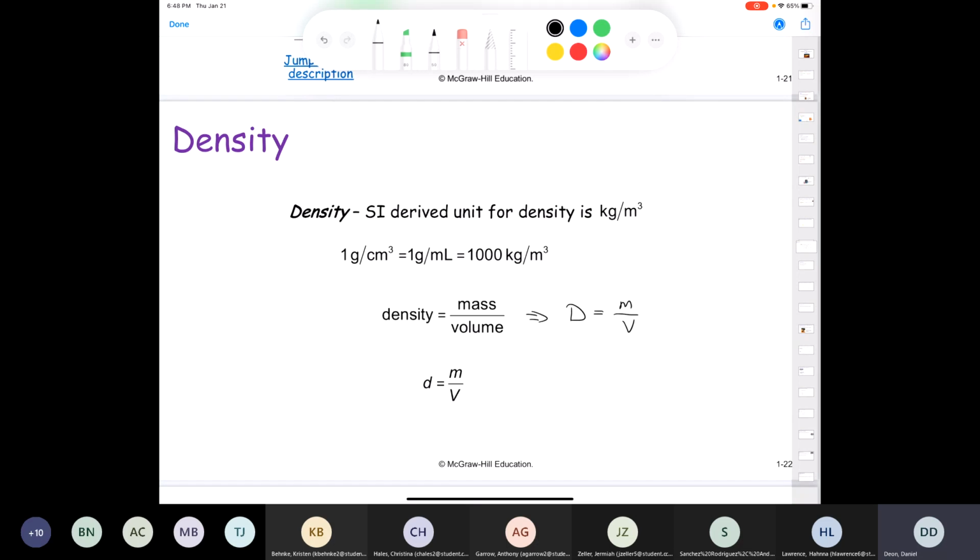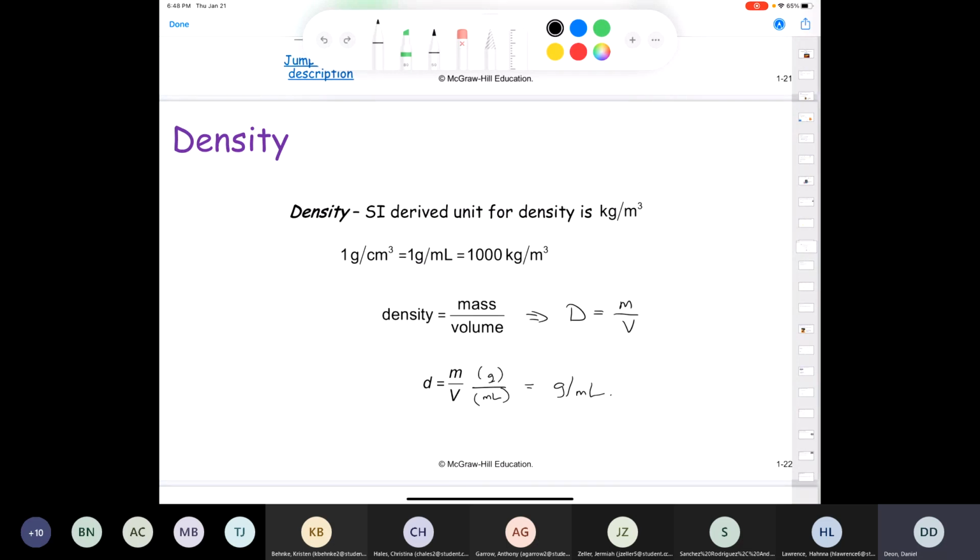Now, if we think about our mass as being measured in grams, and we think about our volume being measured in milliliters, let's say, then the units of our density would be grams per milliliter, right? And oftentimes, many of the densities that we will see in this class will be reported in grams per milliliter.